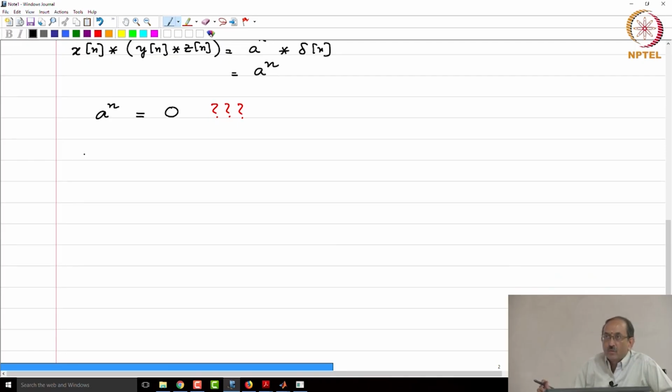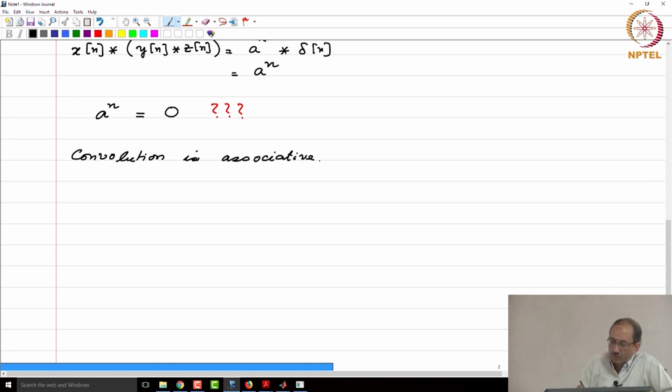Okay, so you've been told convolution is associative. What you probably have not been told is that convolution is associative under certain conditions. All right. So, convolution is associative provided x of n, y of n and z of n belong to L1.